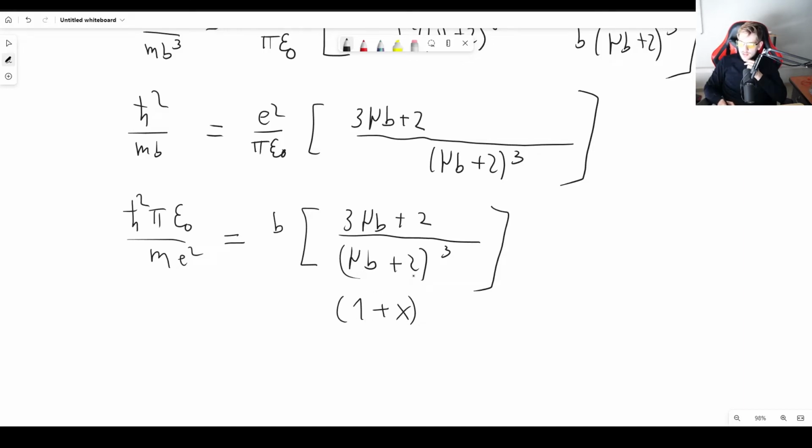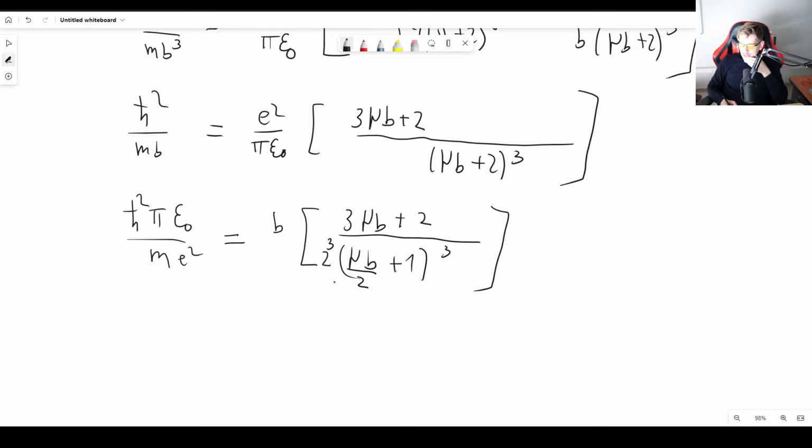To do that, and this is why I was saying it before, we need to factor out this 2. So let's factor it out. If we factor it out, we will have 1 divided by 2, and then we will be factoring out 2 cubed, right? So that's where we are at.